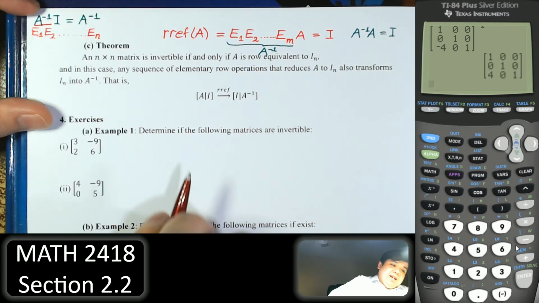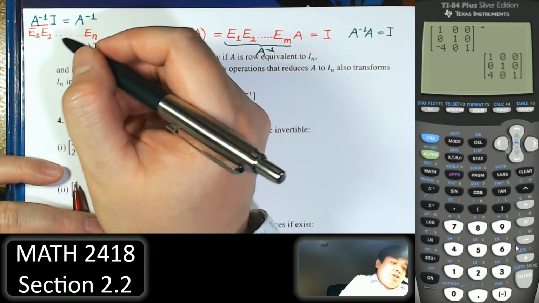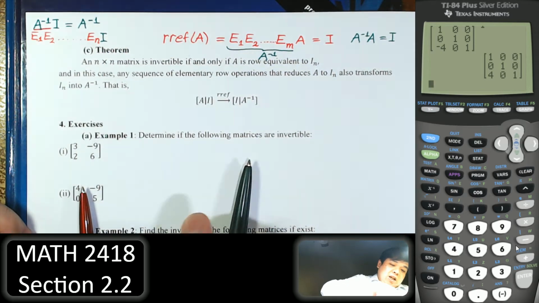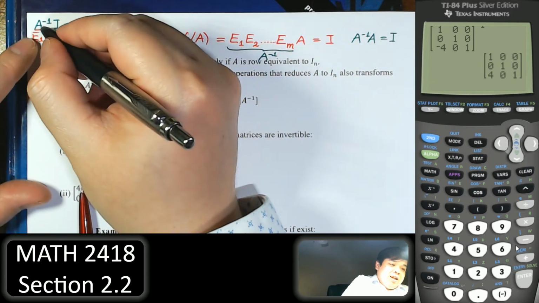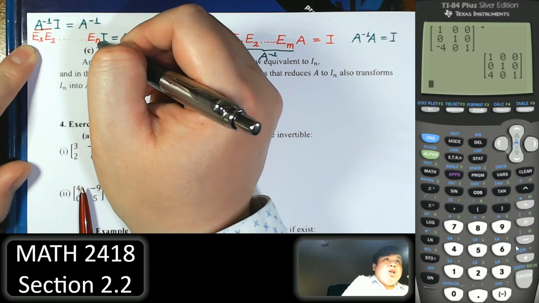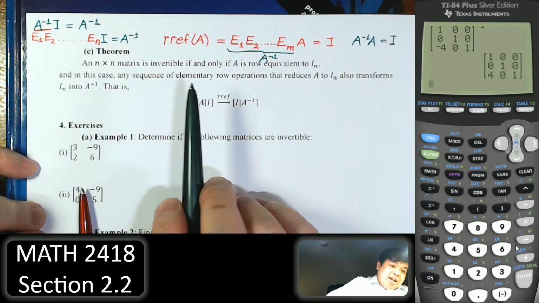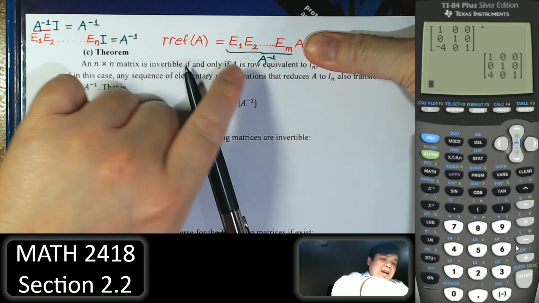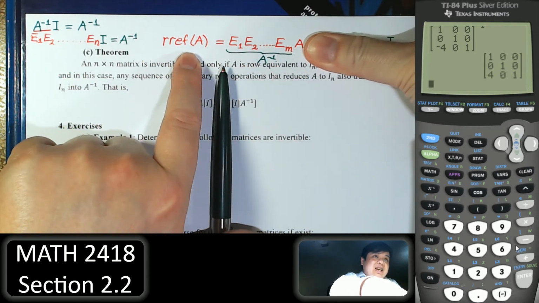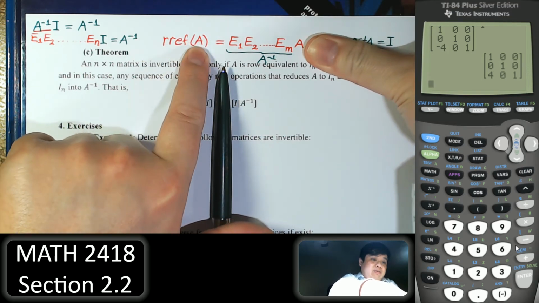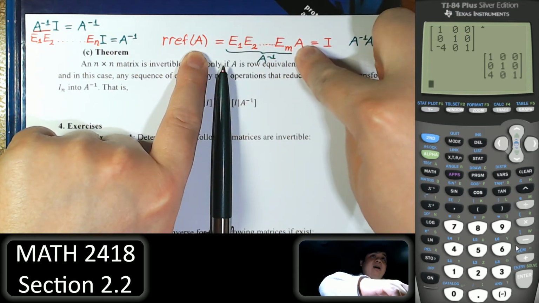Instead of the A inverse, we use that long sequence of matrices times identity is equal to A inverse, right? So instead of writing A inverse, we use the long sequence of elementary matrices. But then again, look at this. If we take that sequence of matrices times the matrix, that is exactly equal to the reduced row echelon form of matrix A. Now just replace A here by A inverse.